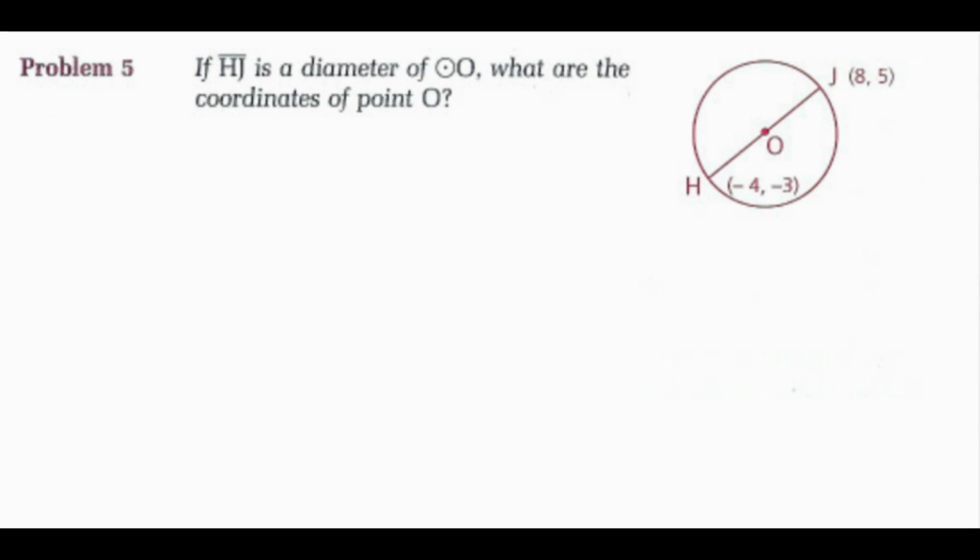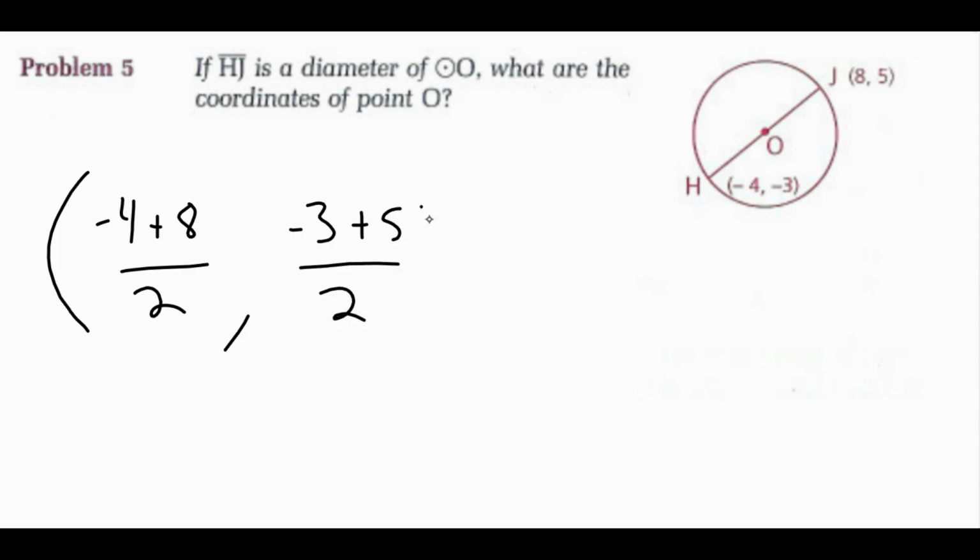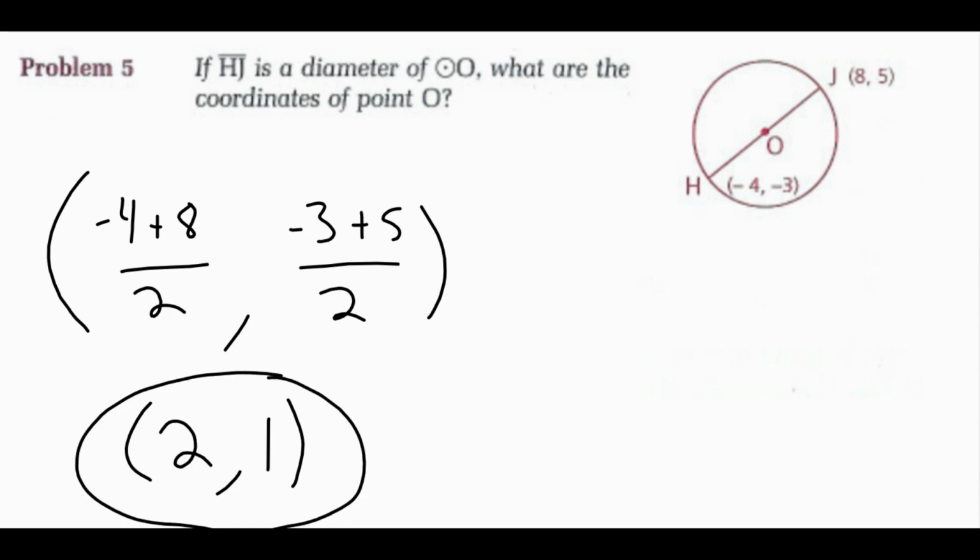Since O is the middle point between H and J, I can use the midpoint formula to find the coordinates of O. So remember midpoint formula, x1 plus x2 divided by 2, so I'd have -4 plus 8 divided by 2, and then y1 plus y2 divided by 2, so -3 plus 5 divided by 2. -4 plus 8 divided by 2 would give me a coordinate of 2, and then -3 plus 5 divided by 2 would be 1, so my center is at 2, 1.